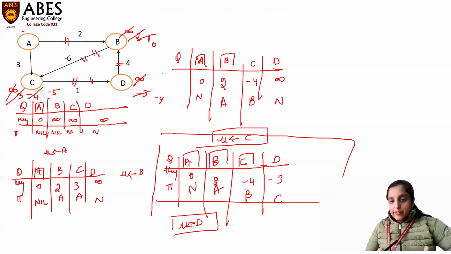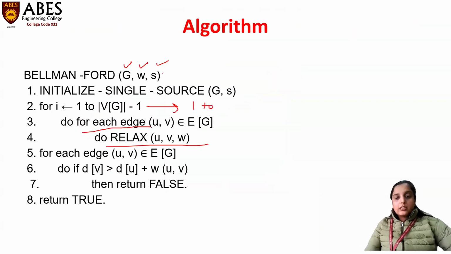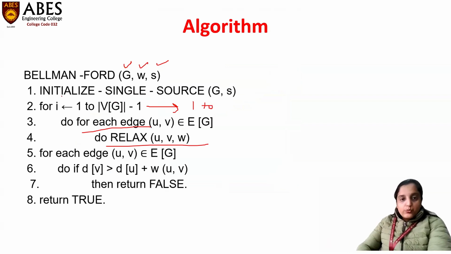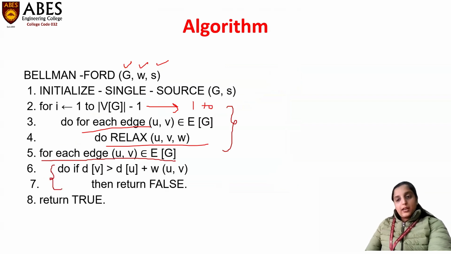So then how is Bellman-Ford effectively handling negative cycles? As you can see here in the algorithm, once you iterate this particular loop from 1 to V minus 1, once your loop gets over, there is one final loop. It is saying for each edge UV belonging to E, apply the same step again. For the last time you have to repeat this step again.